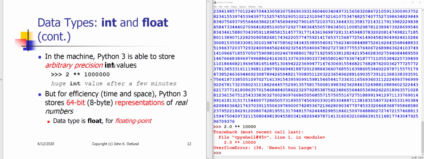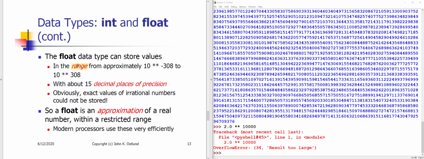All right, so as I said, an int value in Python 3 is represented in arbitrary precision. It's only limited by the amount of memory that you have on your machine, really. For computational efficiency, real numbers in the system are represented in 64-bit or 8-byte patterns referred to as float or floating point values.